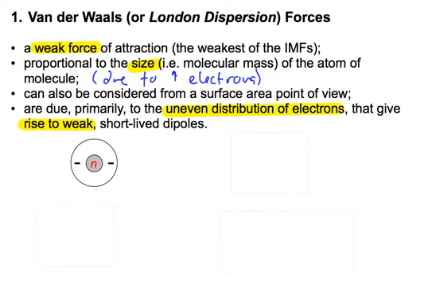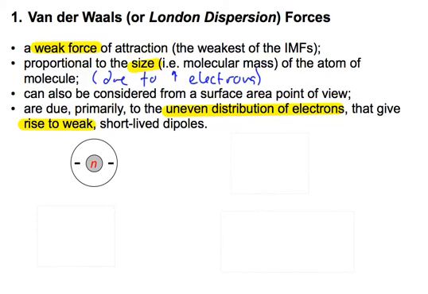And so we do have to consider the number of electrons. If it's a larger mass, that does mean more electrons. So you can relate the strength of the London dispersion force to the size of the molecule. The smaller the molecule, the weaker the dispersion forces it would exhibit.